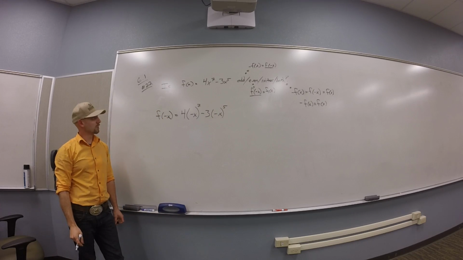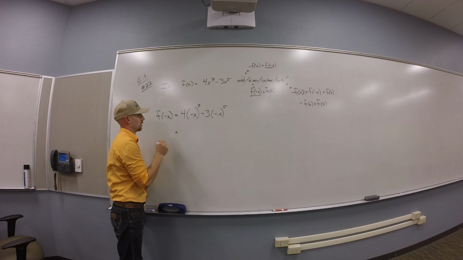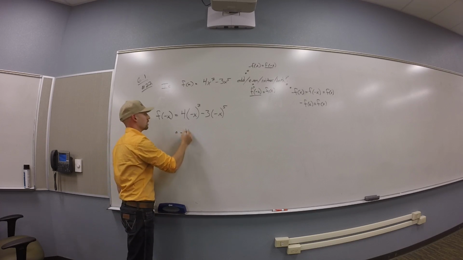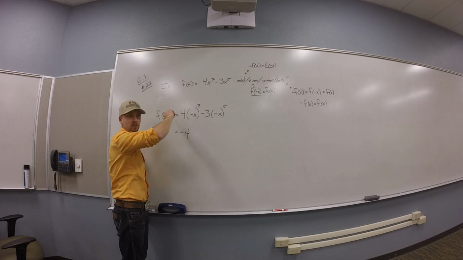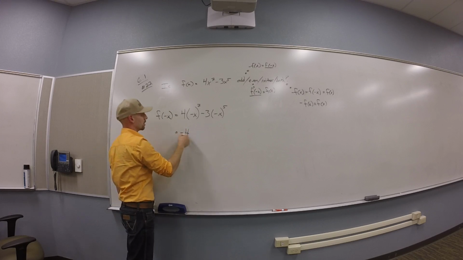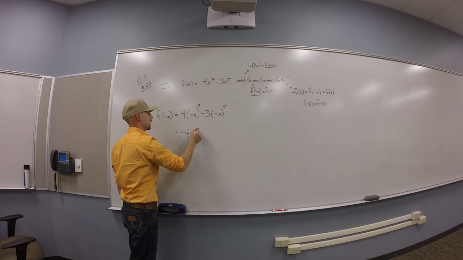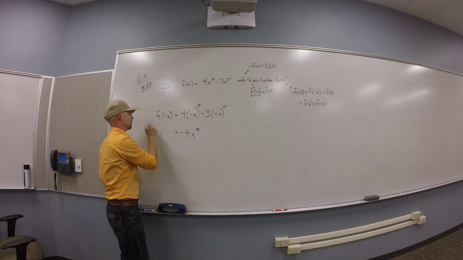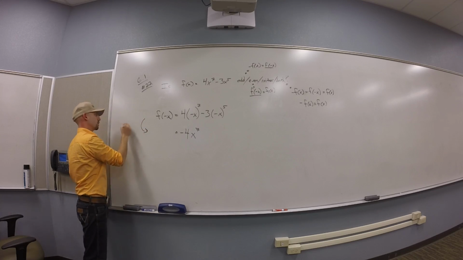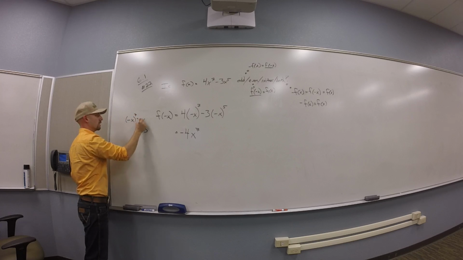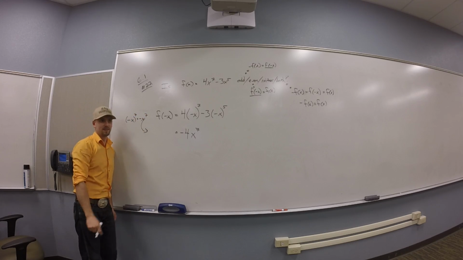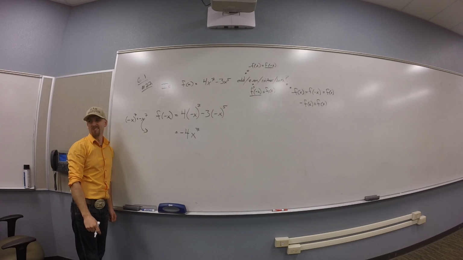And negative x to the 7th is, okay, so you want to pull that negative out. Okay, so we got negative 4x to the 7th. That's really kind of thinking minus x to the 7th is minus x to the 7th, right? 7 negatives multiplied together, so 6 of them are going to reduce to 1, and then the other one will be left over.